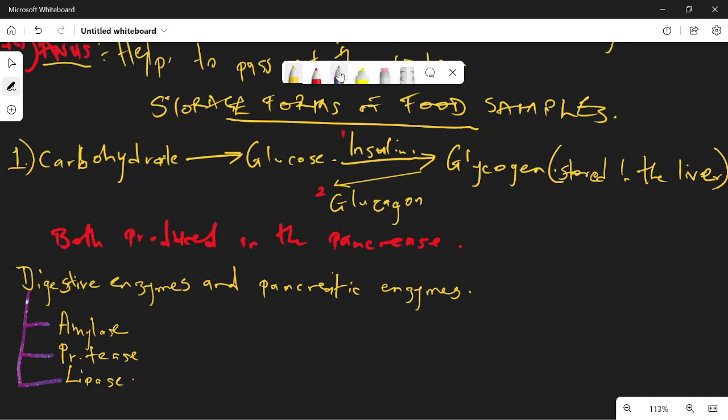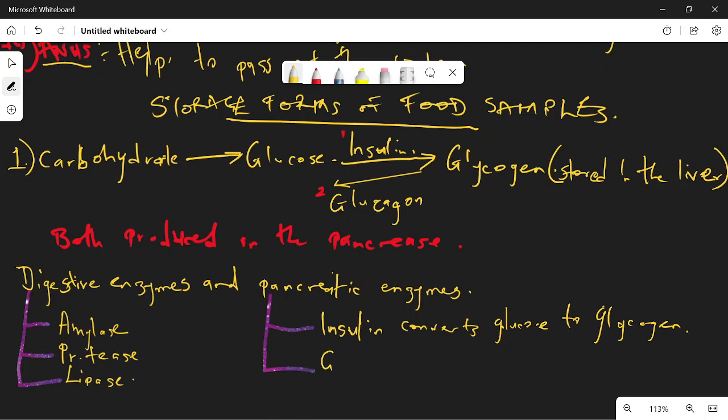But when we are talking about the pancreatic enzymes, they are just 2 in number. The first one is insulin, which converts glucose to glycogen.